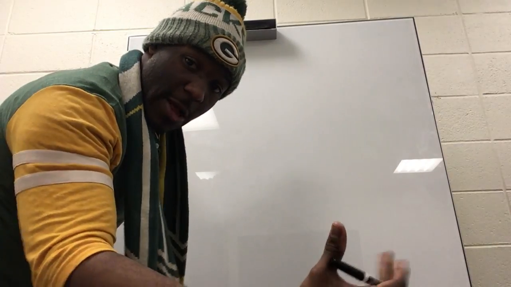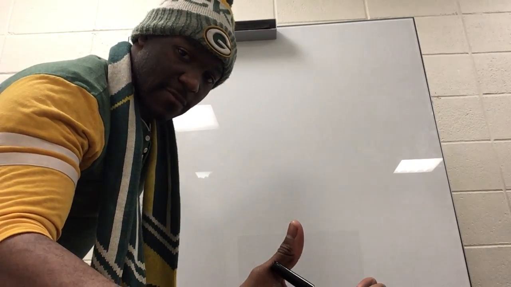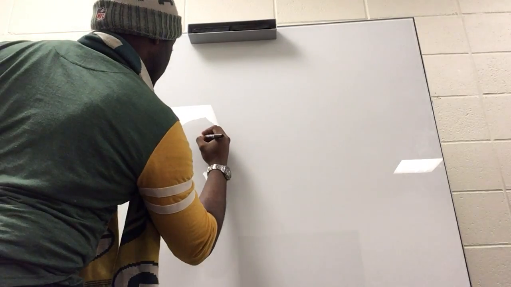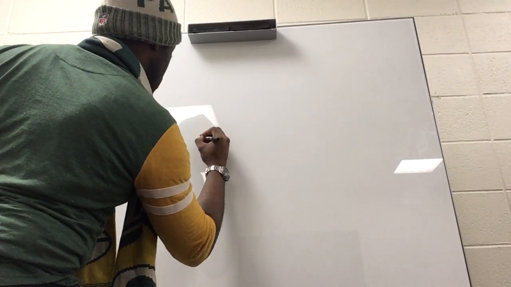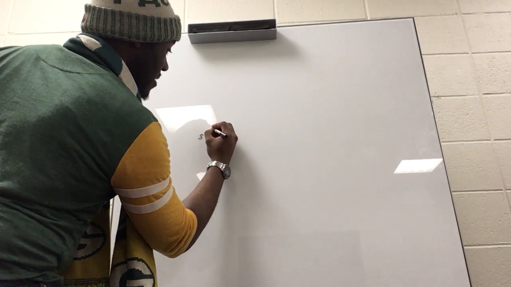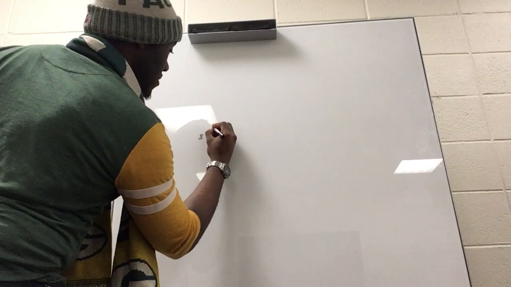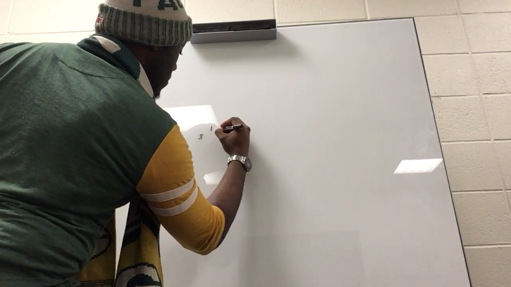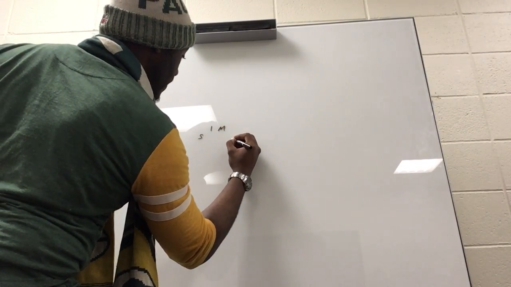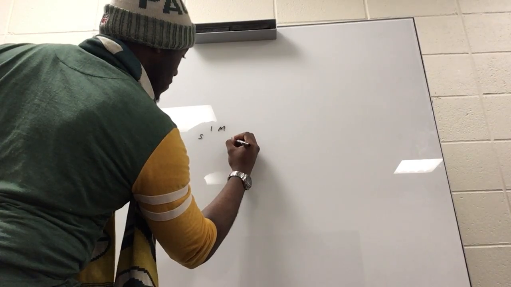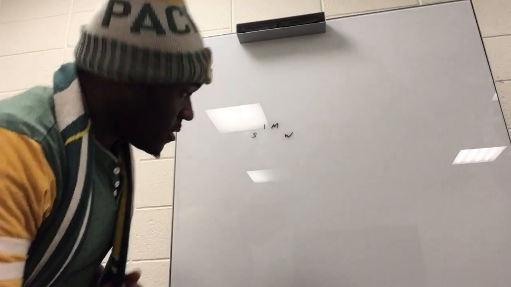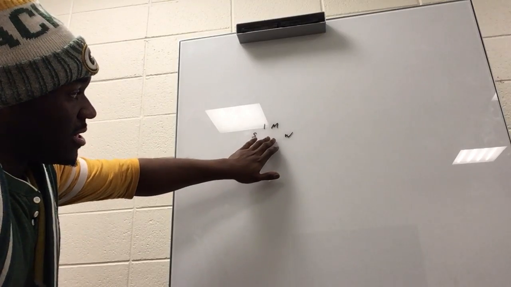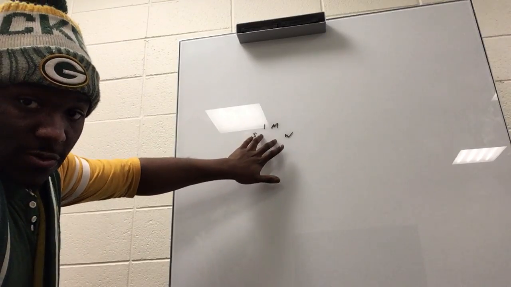Okay, first I'm going to draw out a 3-4 alignment. You'll have your Sam linebacker, inside linebacker, middle, weak side linebacker. Now, with this play, as you can see, 4 linebackers within this play.